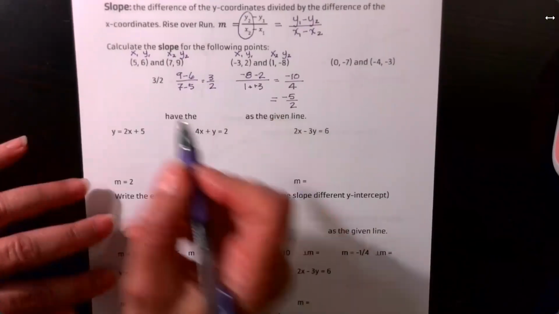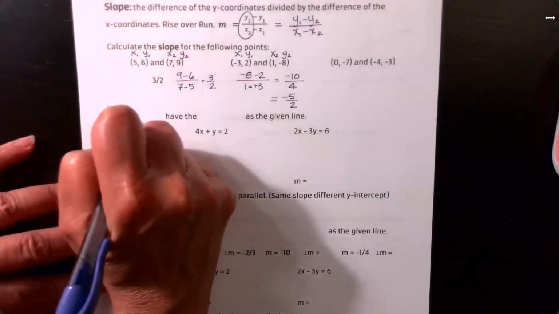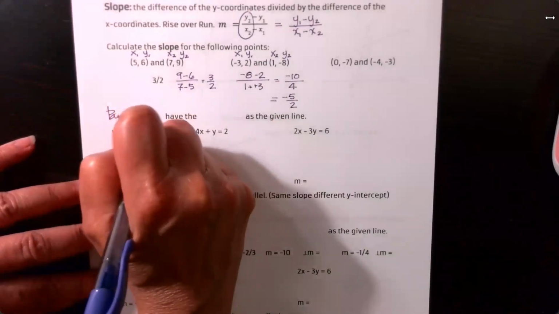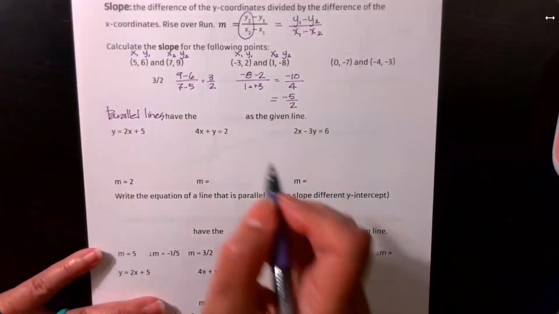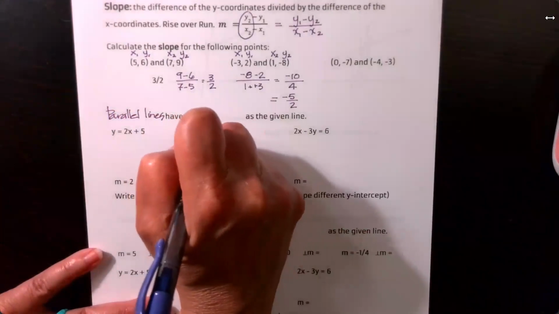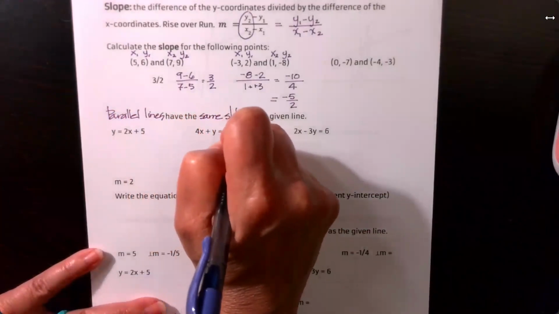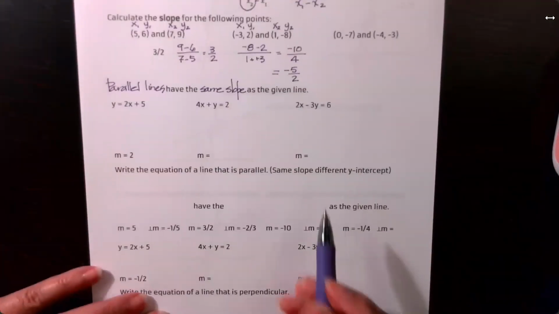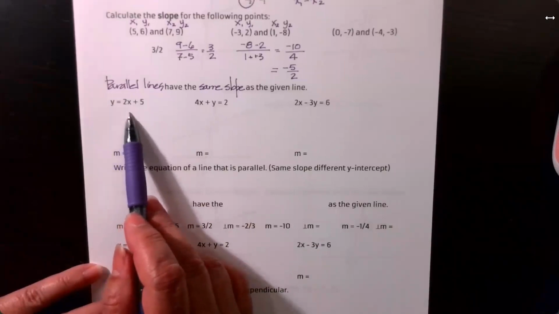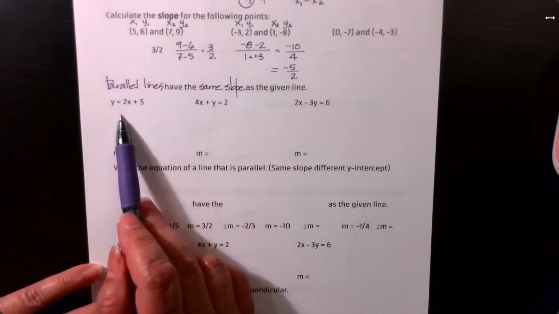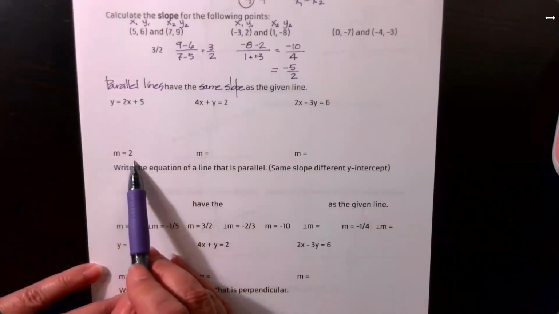So the next thing we're going to look at is parallel lines. If we have a set of parallel lines, they have the same slope. So if I'm given an equation of the line in slope-intercept form, y equals mx plus b, where m is the slope and b is the y-intercept, notice that my slope is 2.